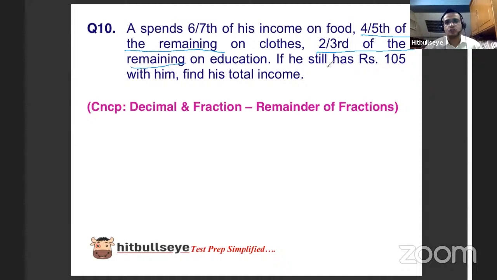If he still has rupees 105 with him, find his total income. Now, please check, what are we equating here? What are we equating basically? You can assume the total income to be X and then see what is the left hand side of the equation, and the right hand side, I know that rupees 105 is left with him. So I'm basically checking what is the left value with him. Please check.